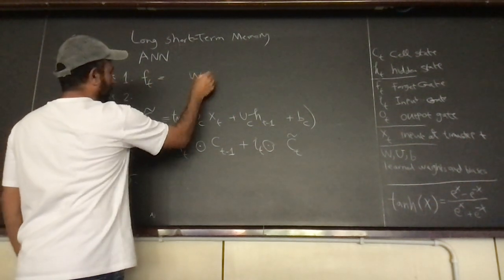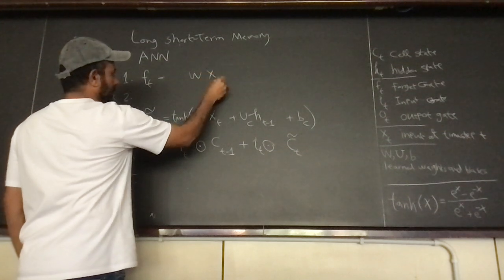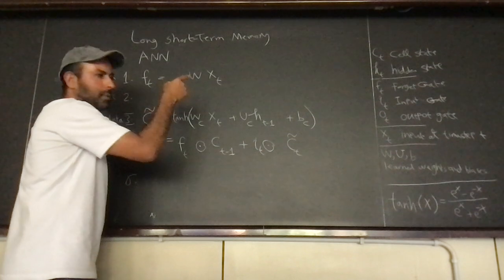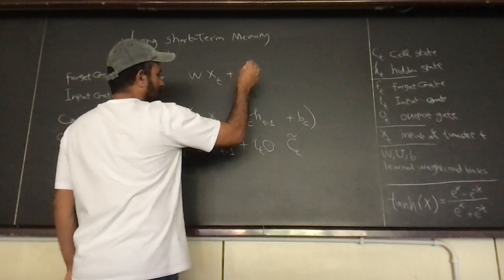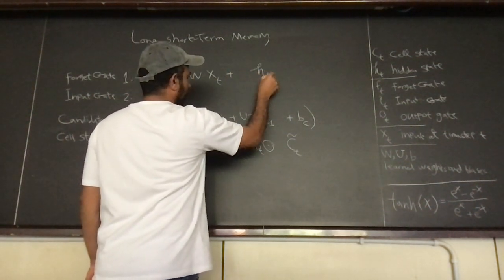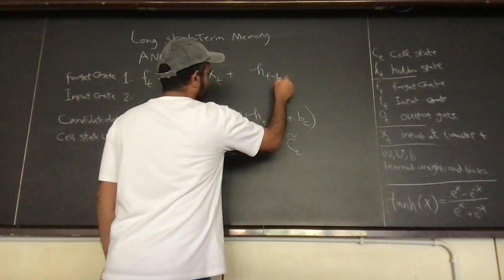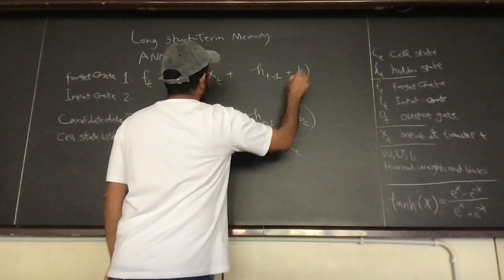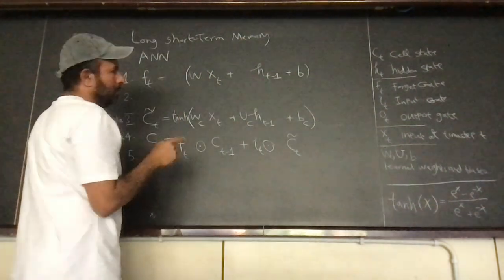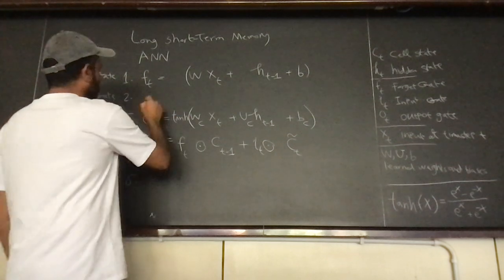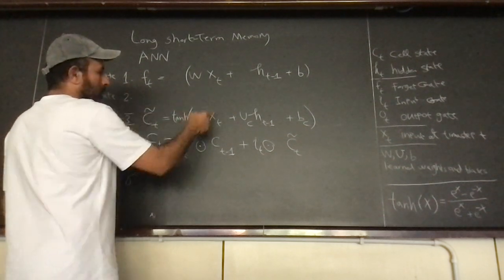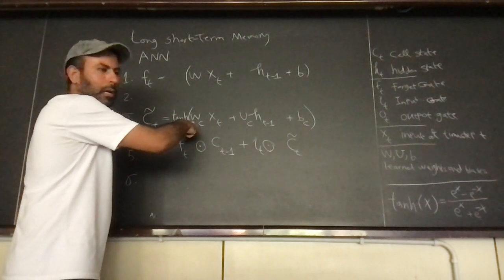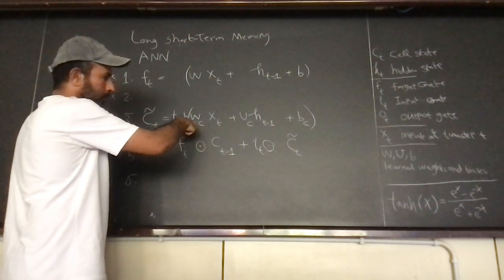The forget gate f sub t is the same as we have here. It's the inputs weighted by the learned weights, and also the hidden state at the previous time step, as well as the bias. And also let's add sub f, because as we have said, we have repeated matrices of weights.